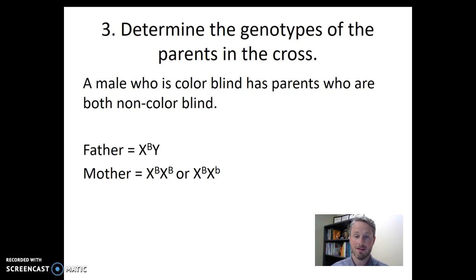That's me. In order for me to be a colorblind child, I had to get a recessive allele from somewhere. I could not get it from my father. The only place I could get it is from my mother if she was heterozygous. There is no way my mother could be homozygous dominant. So we can rule that one out, and we know my parents are these 2 genotypes.